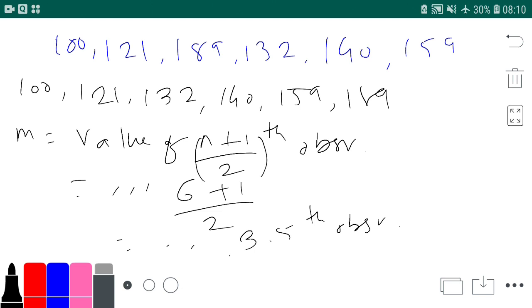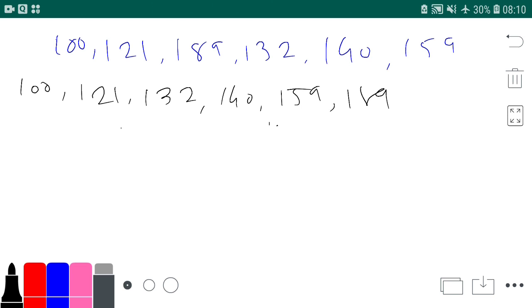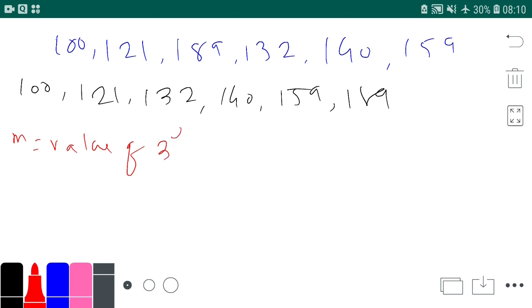Now again arrange this 3.5 with me. Okay, I am erasing this particular part. As median is the value of the 3.5th observation, I'll continue from that sentence. The 3.5th observation is the value of the third observation plus 0.5 into.